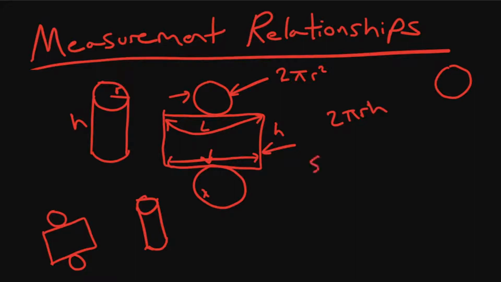And that's why the surface area of a cylinder is 2 pi r squared, which is 2 times the area of a circle, this one and this one, plus 2 pi r h. H is just the length, and the width is the circumference of the circle that is connecting it. Very simple stuff.